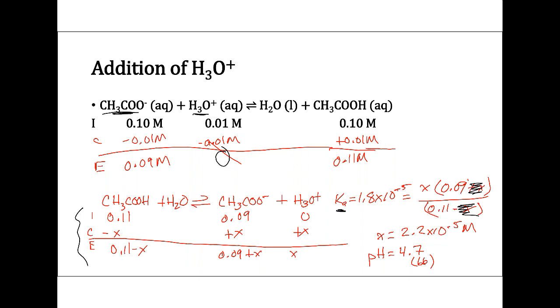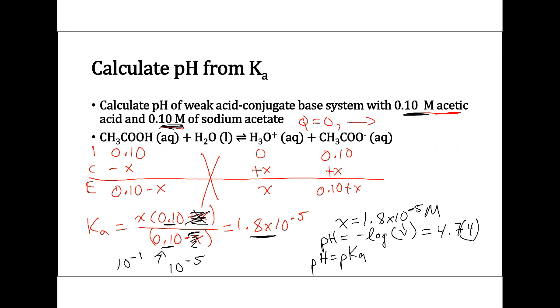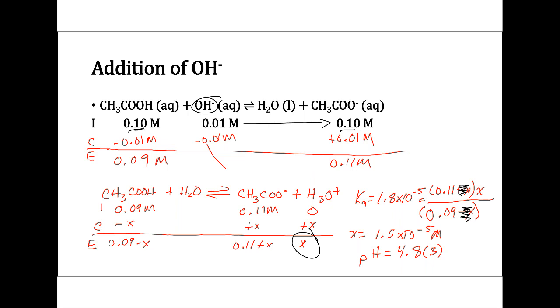So think about this. We started with initial concentrations that were equal for acetic acid and acetate. Our pH was equal to our pKa, it was 4.74. Okay, now we added hydroxide. We consumed 10% of our initial acid concentration, and our pH just rose barely. It rose by 0.09 units.